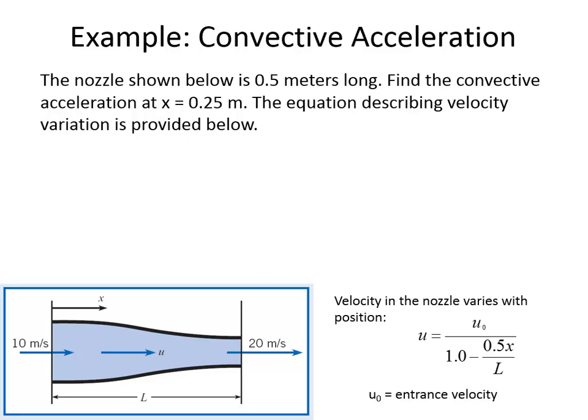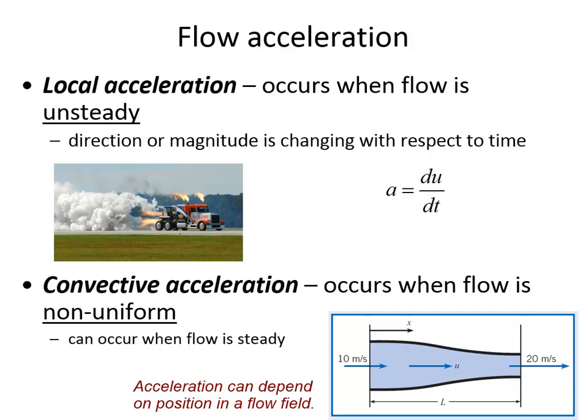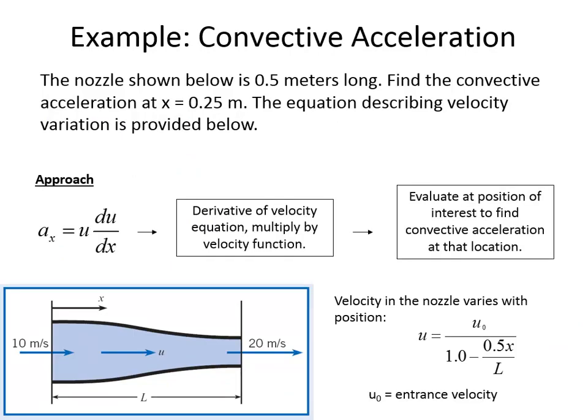So we're going to calculate the convective acceleration for the flow field. The formula for convective acceleration is the velocity times the change in velocity with respect to position. So here is the definition of convective acceleration. It has the variable a sub x.